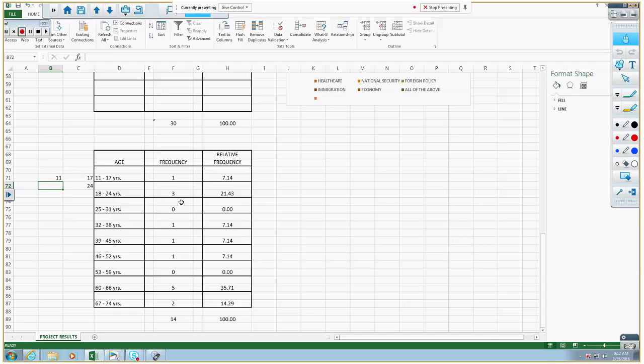Delete. 18 to 24. 25 to 31. 32 to 38. 39 to 45. 46 to 52. 53 to 59, 60 to 66, 67 to 74.